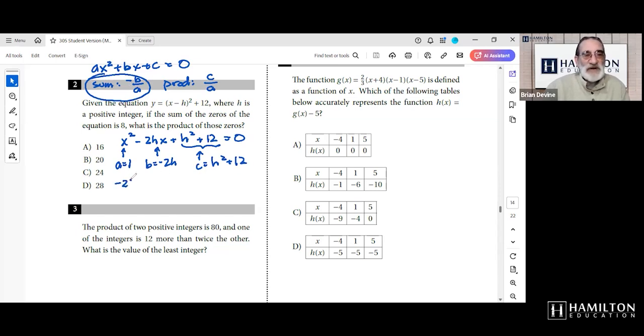So negative 2h over 1 must equal 8, which means that h equals 4. And then I can plug that in, and I find out that c over 1 is going to equal 16 plus 12. So 28 is my answer.